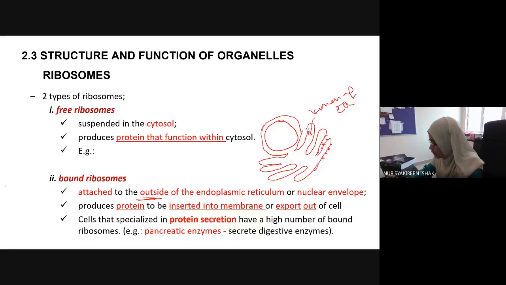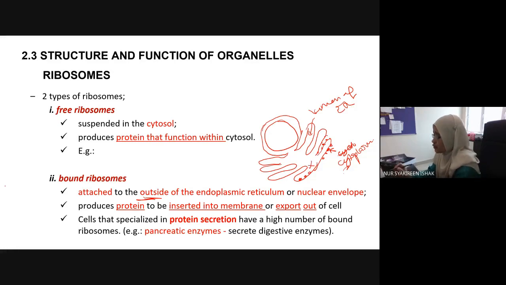Outside means that you have to draw the ribosome facing the cytoplasm. If you draw the ribosome inside here, your drawing will be wrong.